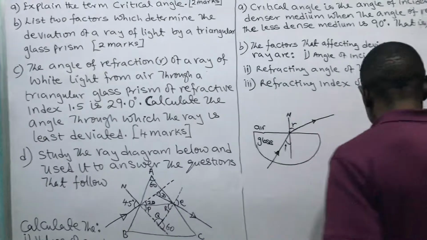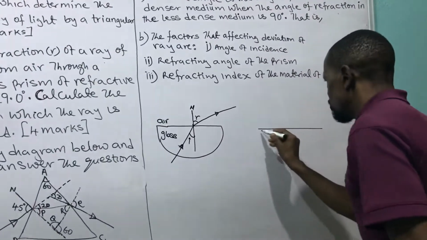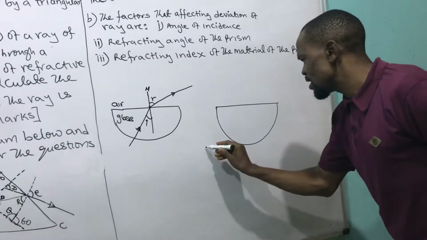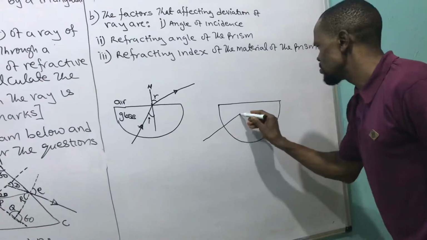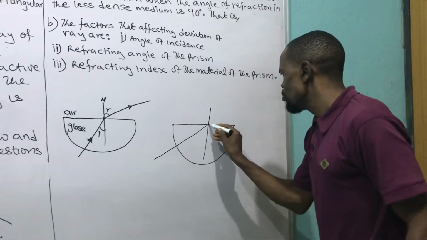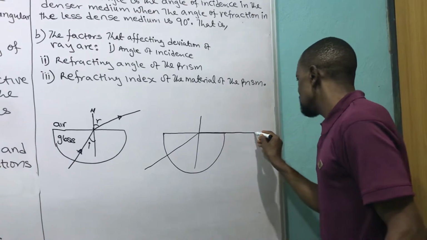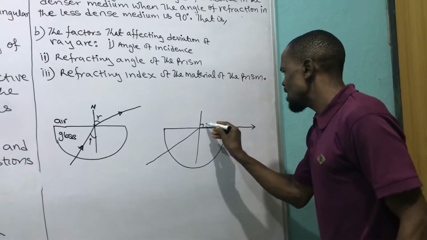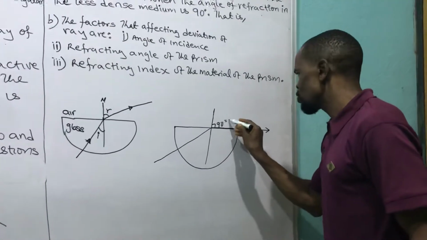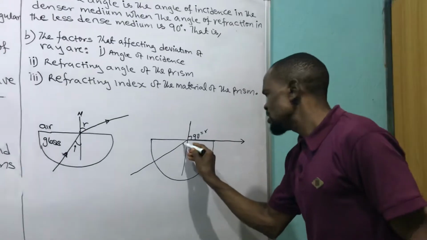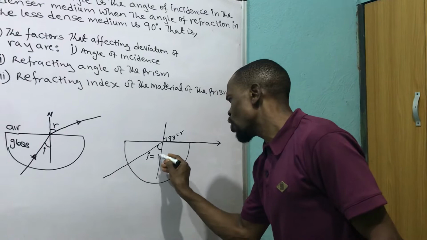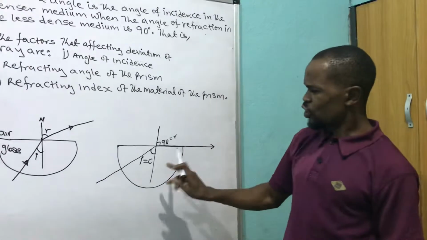Assuming at this point I increase it so that the ray moves straight this way, making an angle of 90 degrees here, which is the angle of refraction, equal to what? R, refraction.